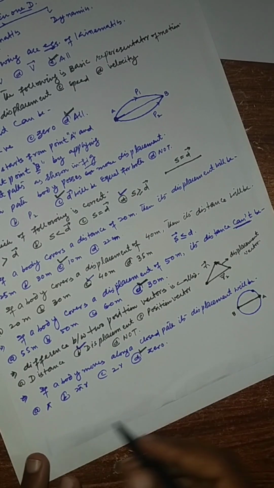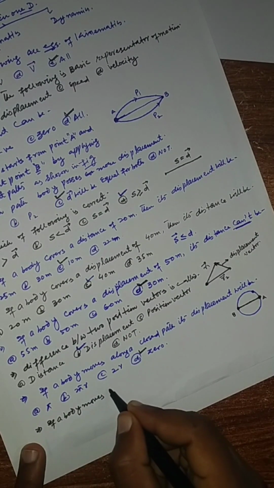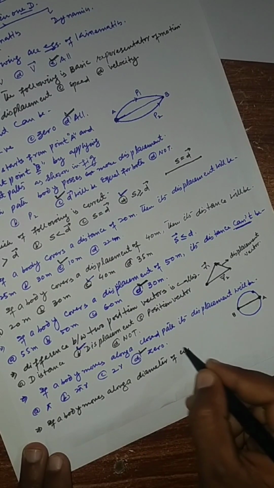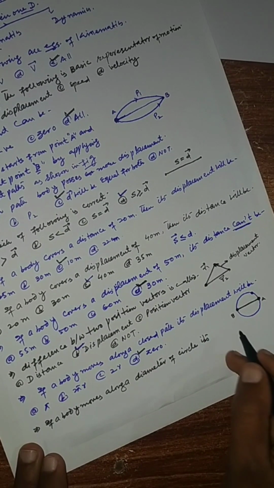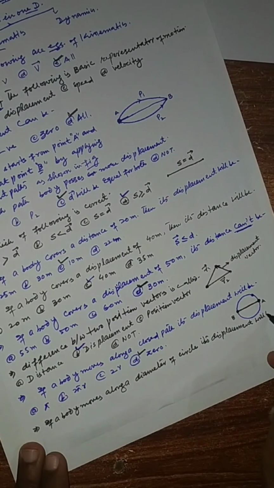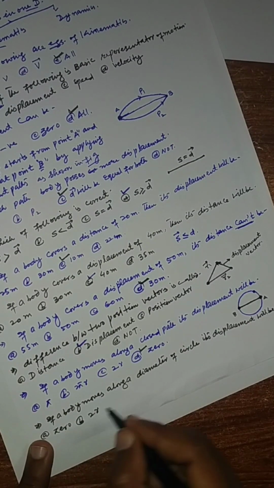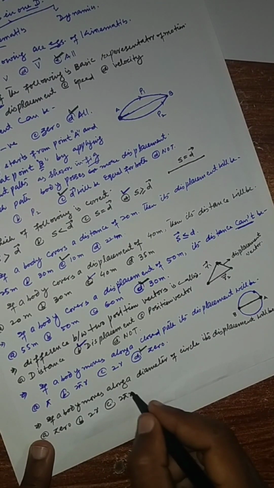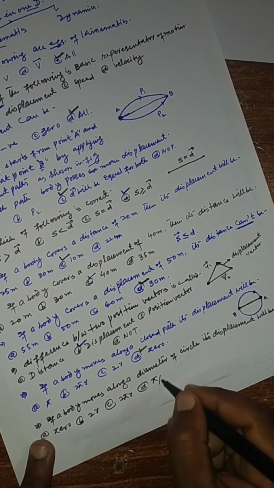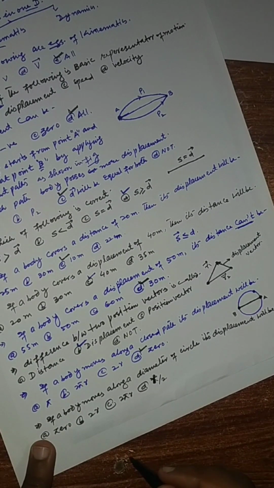If a body moves along a diameter of a circle, its displacement will be 0, or r, or twice r, or 2 pi r, or pi over 2, or r by 2.